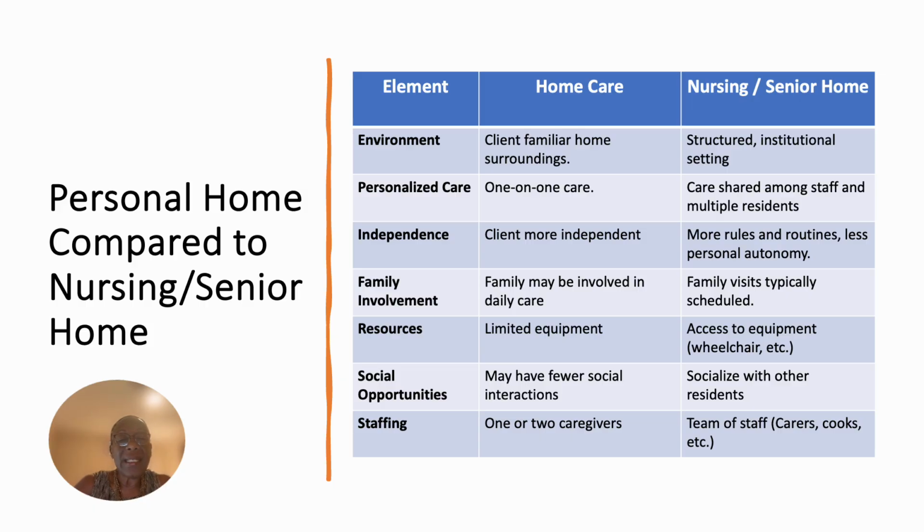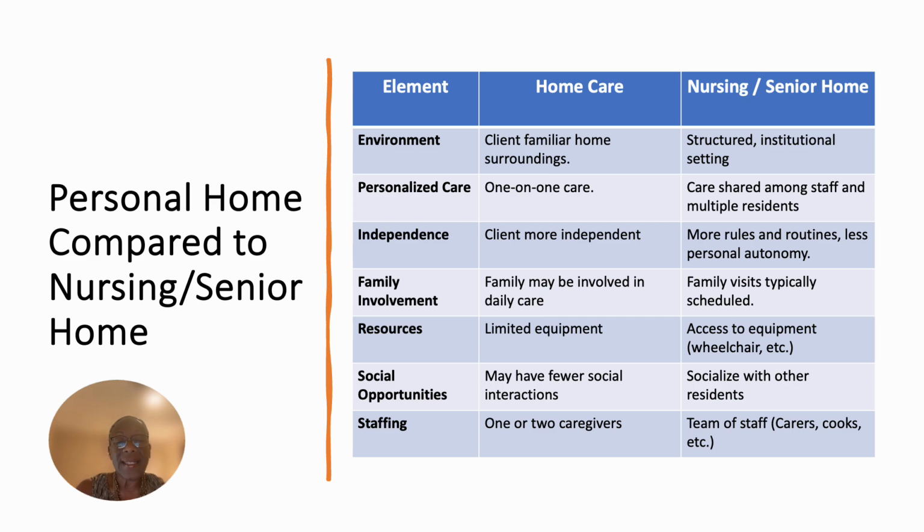Family involvement is more common and more involved with a client who is in their home versus, unfortunately, at times those in the nursing home or senior home. Family visits are usually scheduled at certain times, and again, some may not even have any family visiting.